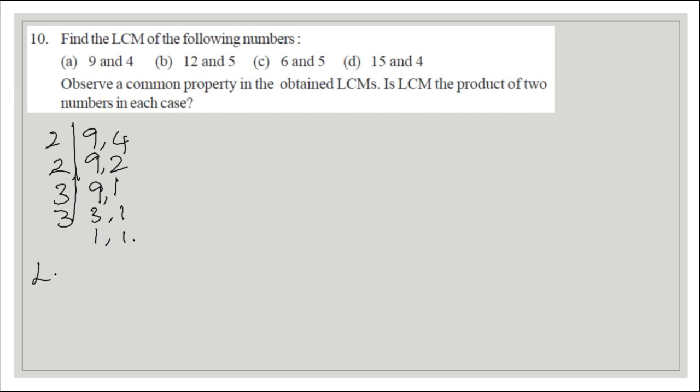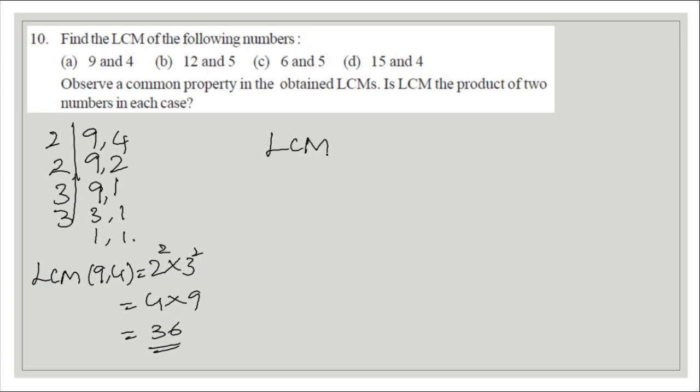So the LCM of 9, 4 will be 2 square into 3 square. So 4 nines are 36. You just observe here the LCM is 9 into 4, 36.